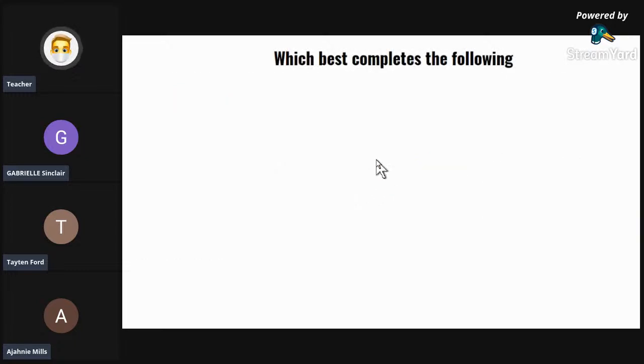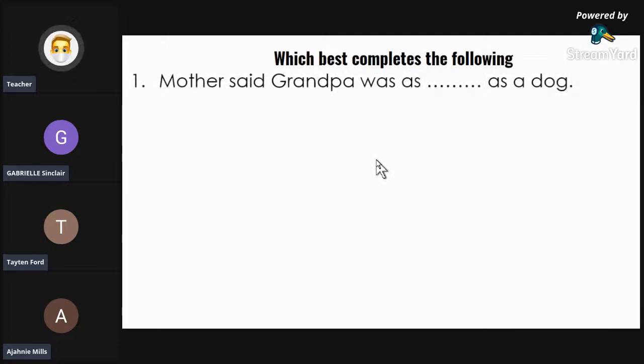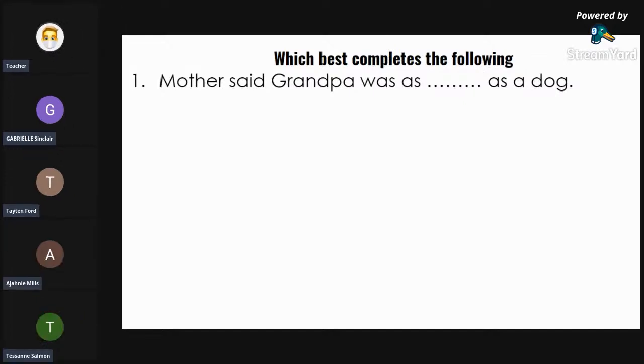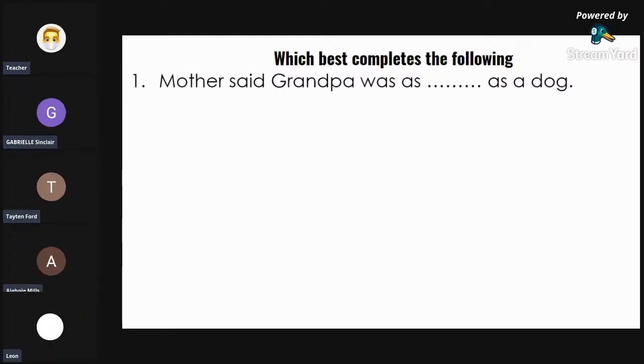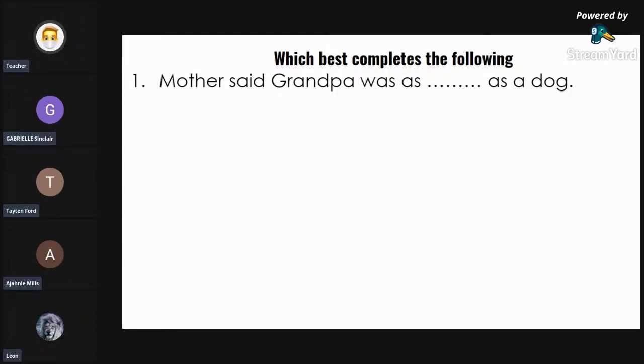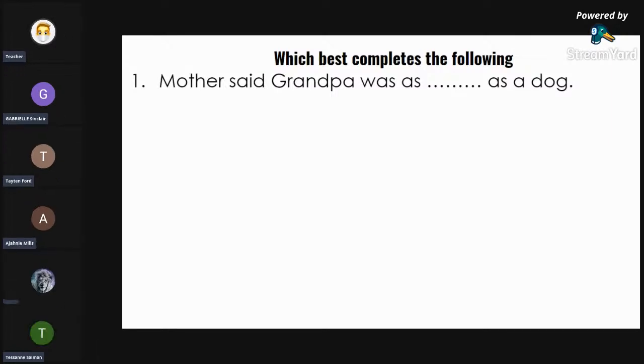Let's see which best completes the following. Now to our panelists. Let's pull Tessan in here. Let's see if we can pull Leon in as well. Let's go, panelists. Let's start with Leon.